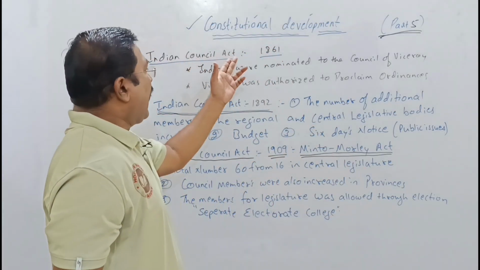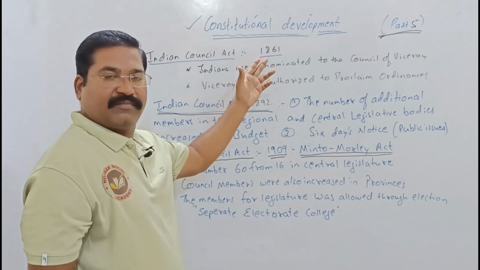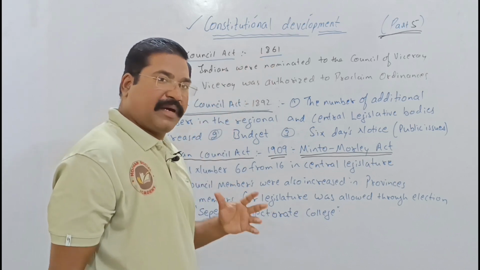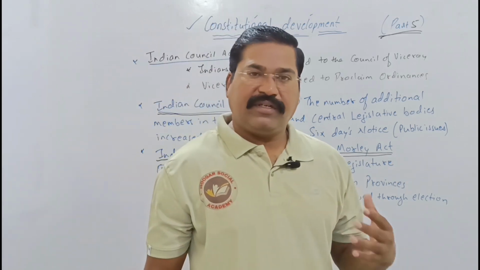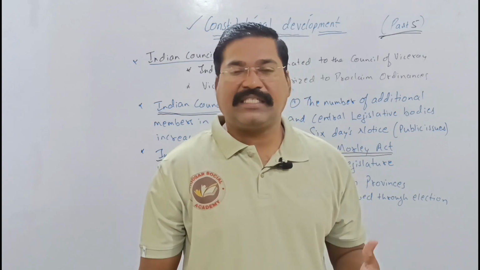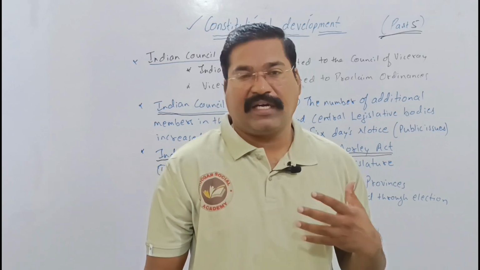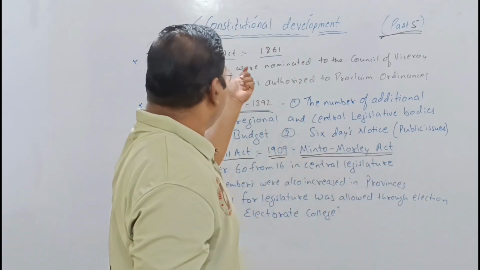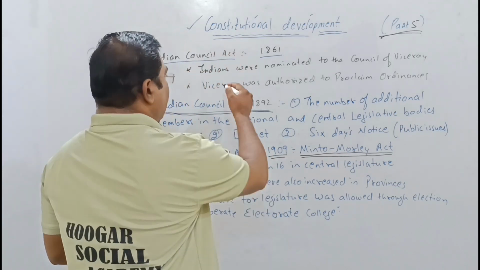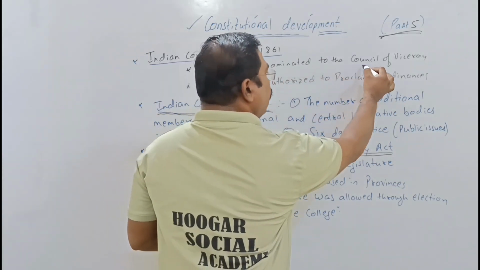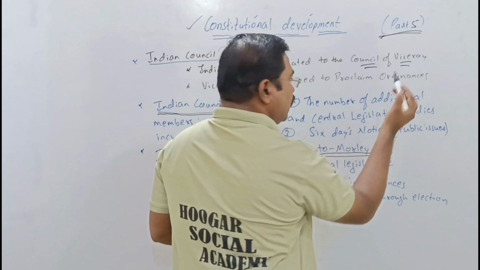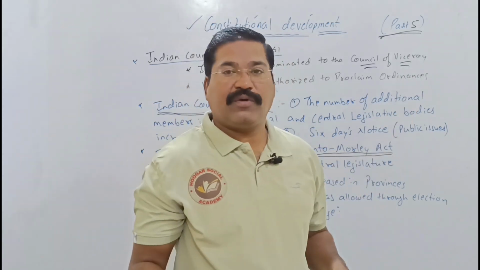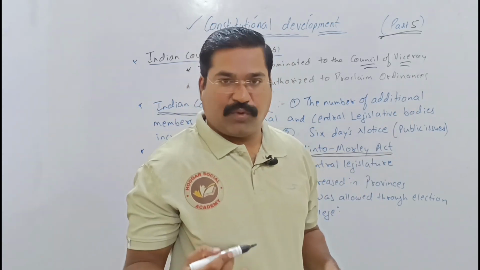In the Indian Council Act 1861, this Council Act gave permission to Indians to participate in framing the laws. According to the 1861 Act, Indians were nominated to the Council of Viceroy. The Viceroy, as we already said, is the one who represents the Queen.